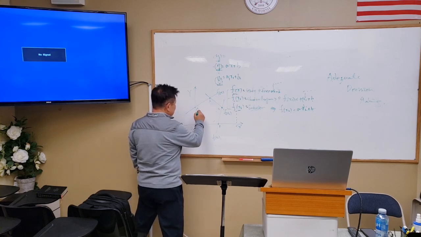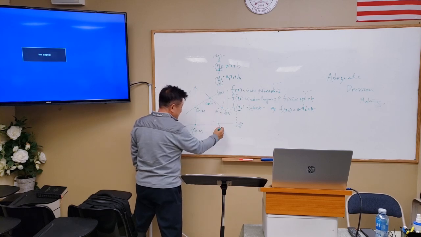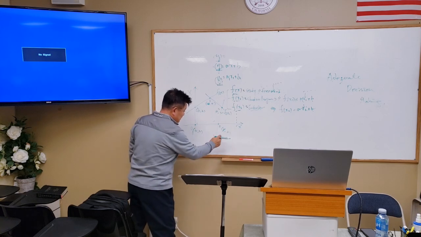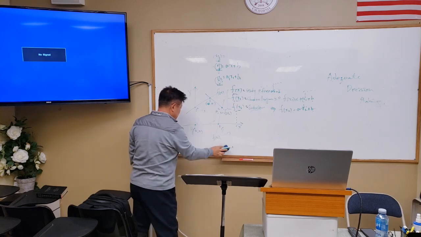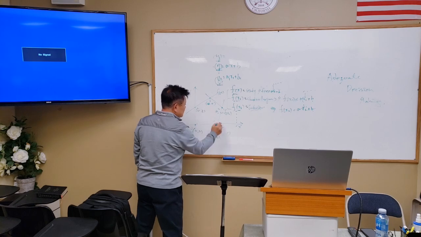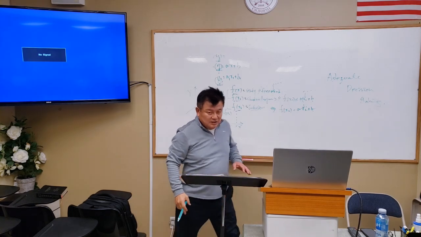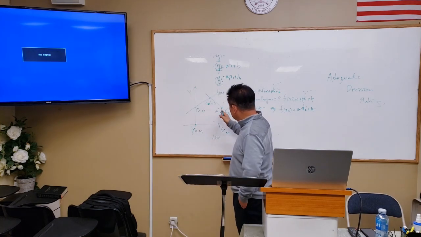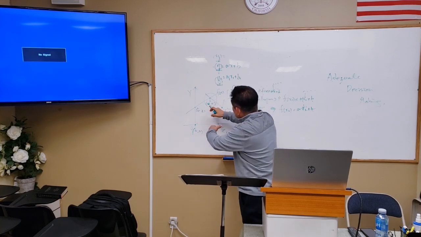This one is x0 or 2. This is for 3 or something. This is for 5 and 0, something like that. So we compare 5 points and then compare the points.